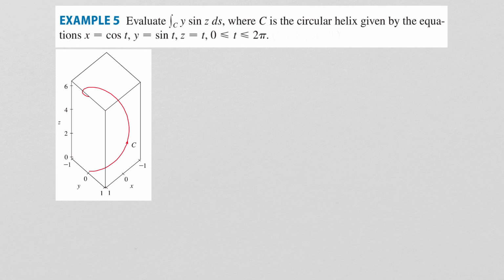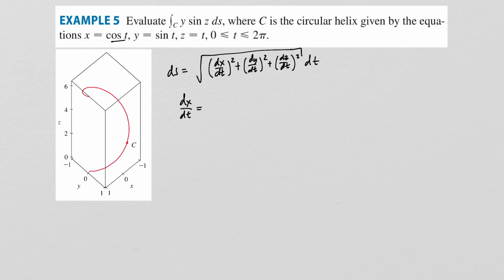So all we have to do here is calculate ds. ds, of course, is the square root of dx dt squared plus dy dt squared plus dz dt squared, dt. So let's go ahead and do this. dx dt, the derivative of cosine of t, is negative sine of t. dy dt is the derivative of sine of t, which is cosine of t.